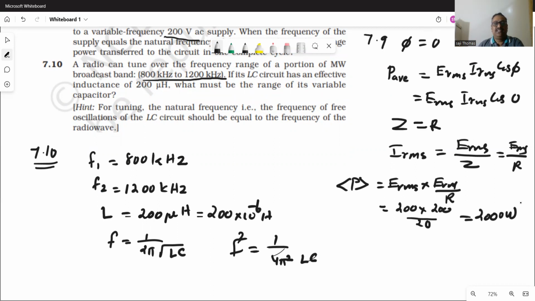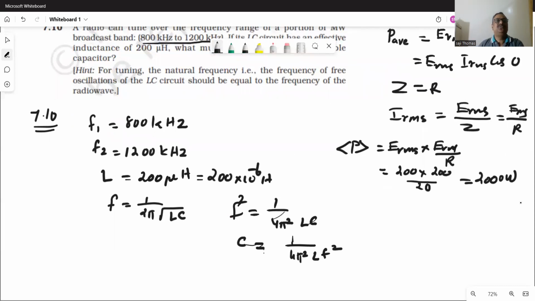From there, you can find out C. C equals 1 by 4 pi square L F square. Now you put F1 and F2 in this equation. So C1 will be 1 by 4 pi square L F1 square. Put the value F1 800 kilohertz, you can find out C1. Similarly, for C2 put F2.